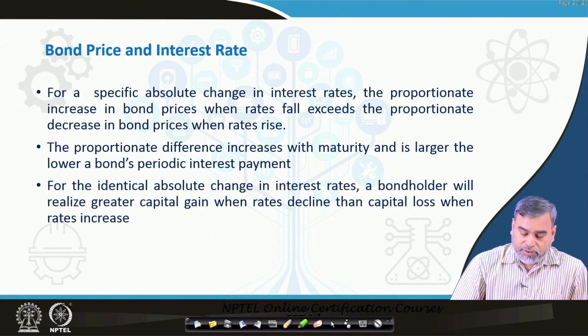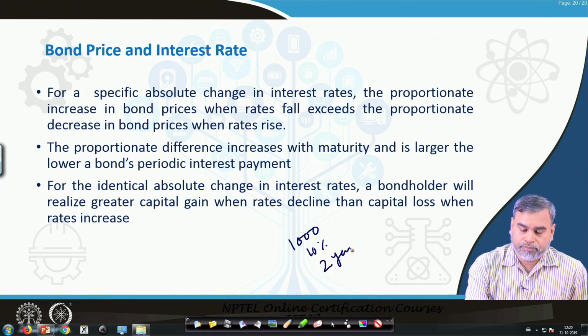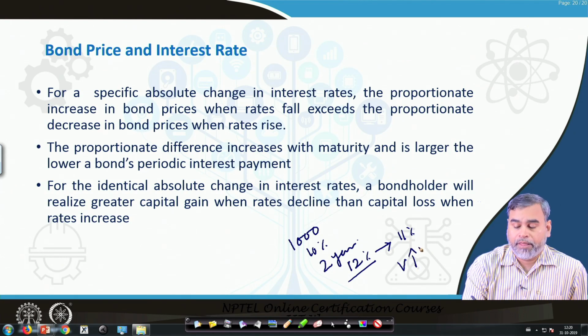What does it mean? Let there be a bond whose par value is 1000, coupon is 10%, maturity period is 2 years, and market interest rate is 12%. If the market interest rate changes from 12% to 11%, the value of the bond will go up, but if the market interest rate increases to 13%, the value will go down.